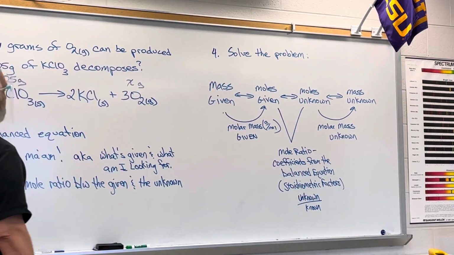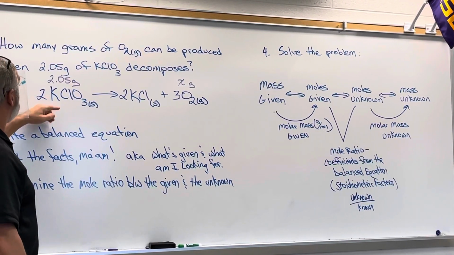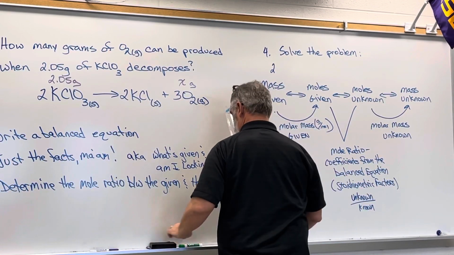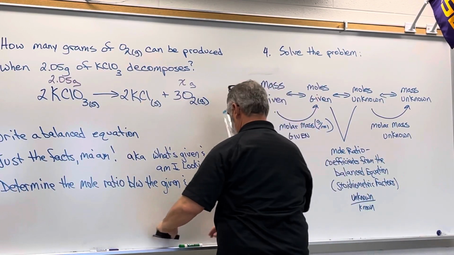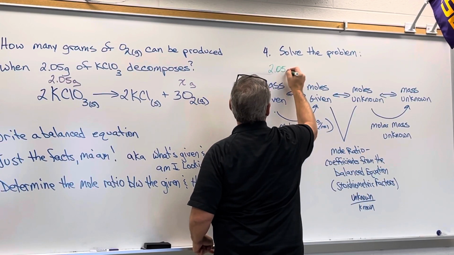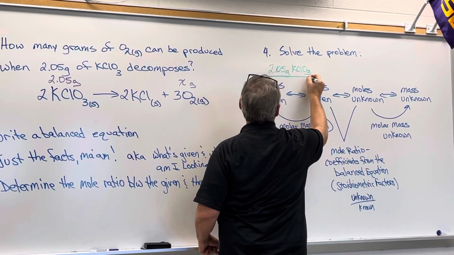Okay, so now if we want to solve our problem here, we start with the given, the mass of the given: 2.05 grams of KClO3. That's over an understood 1.